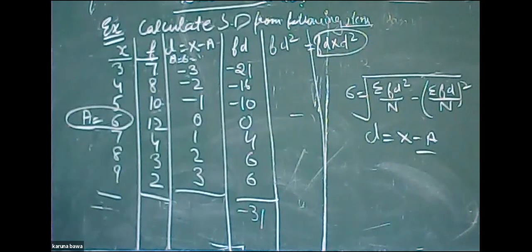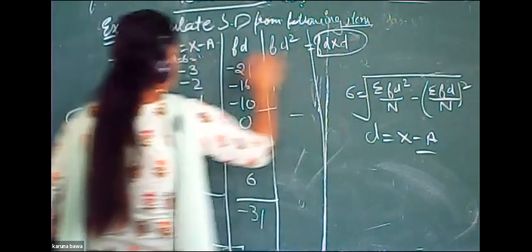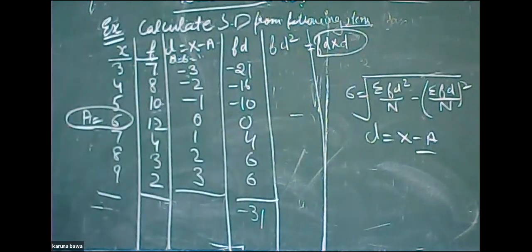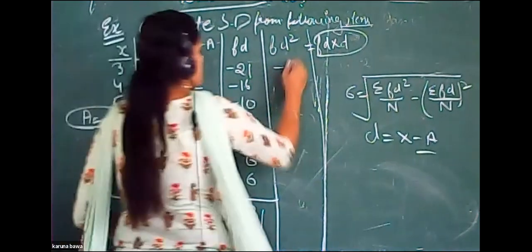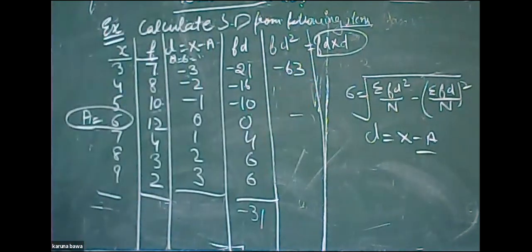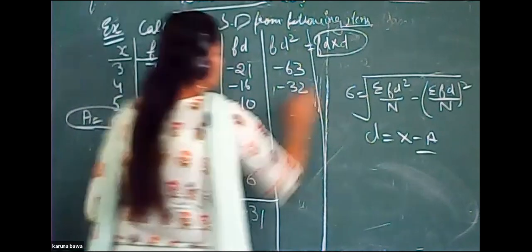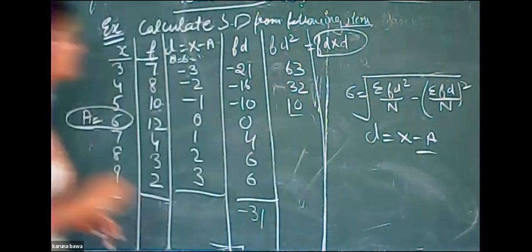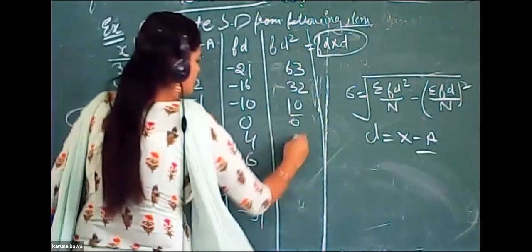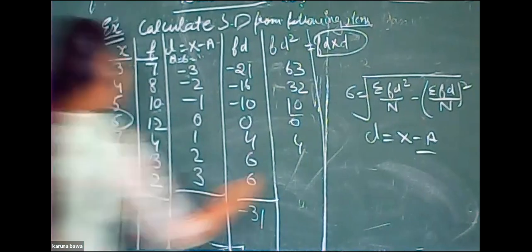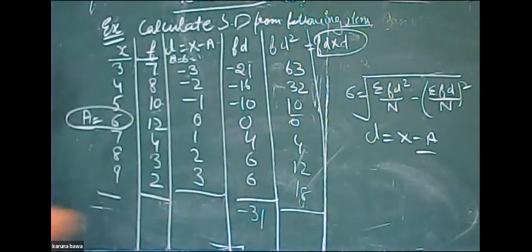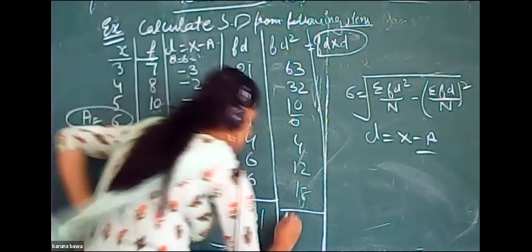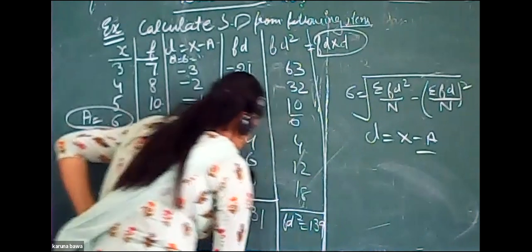First of all, f d multiplied by the d value: minus 21 multiplied by minus 3 is 63, minus 16 multiplied by minus 2 is 32, then 10, 0, 4, 12 and 18, and the total of the values, summation f d square, is equal to 139. This is the f d square.